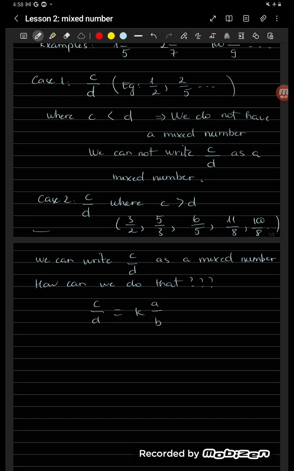Like I said in the first lesson, a fraction is actually a division, the numerator divided by the denominator. So in order to write a fraction as a mixed number, we must do a division. We take c, the numerator, divided by d, the denominator.